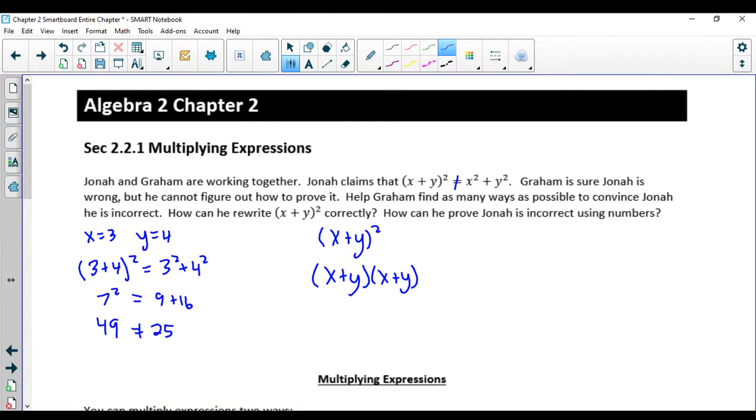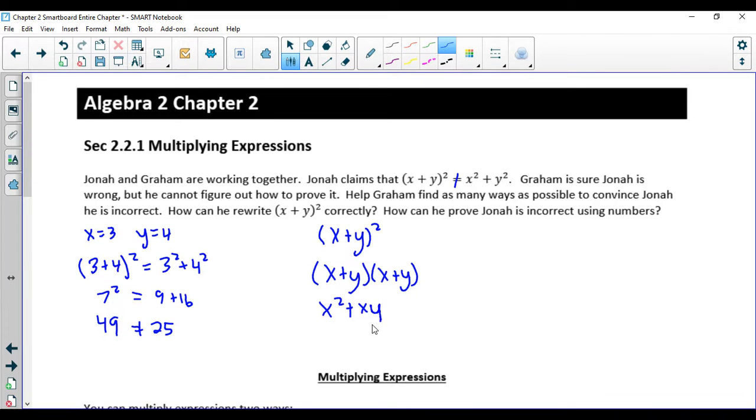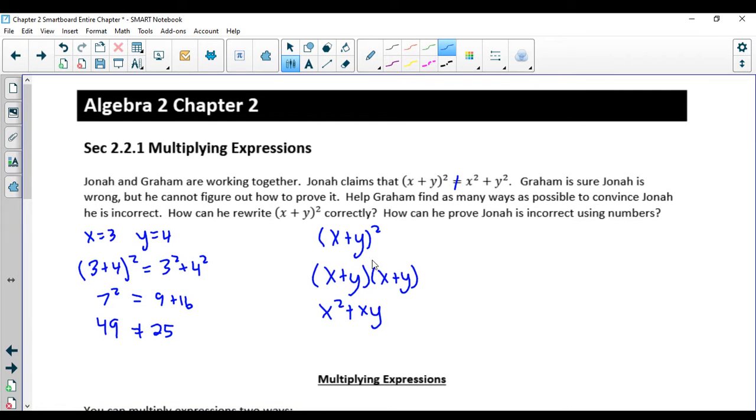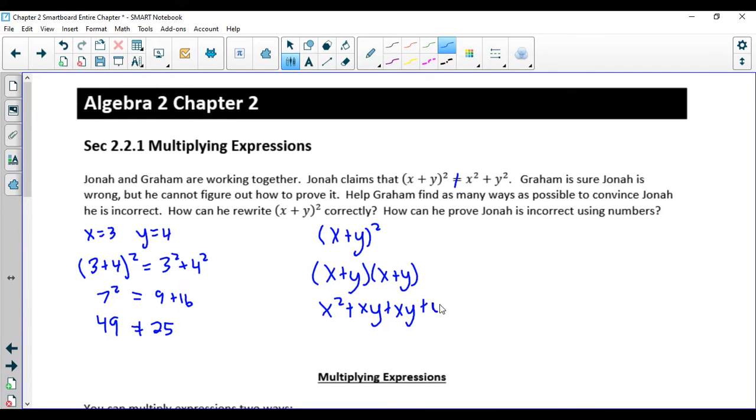And so if I wanted to simplify this now, I'd have to FOIL this. So x times x gives me x squared. X times y gives me xy. The I for the inners is y times x, which is also the same as x times y, so another xy. And then the L for last would be y times y, which is y squared.